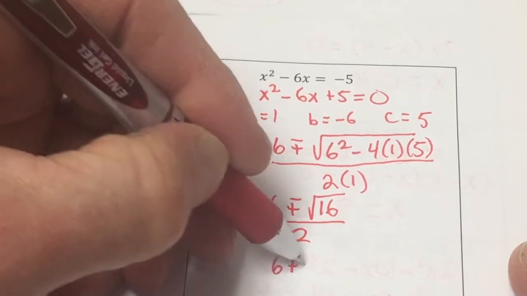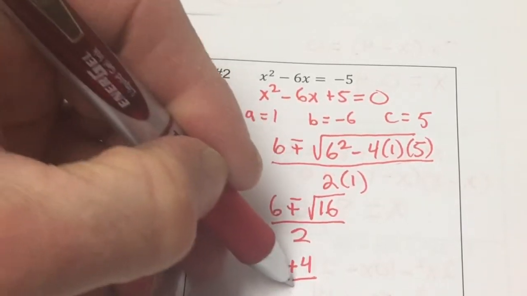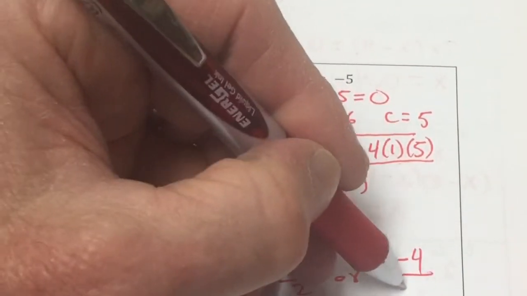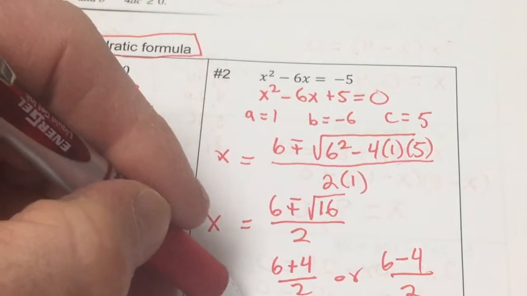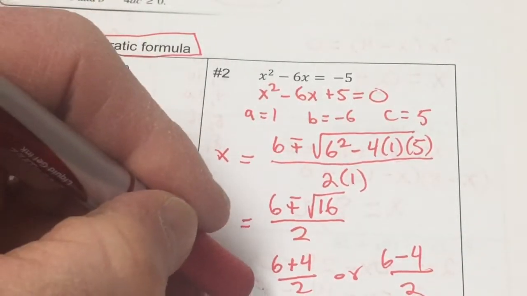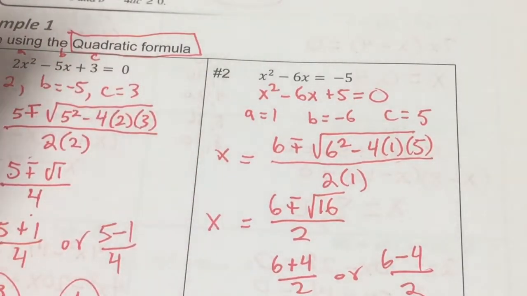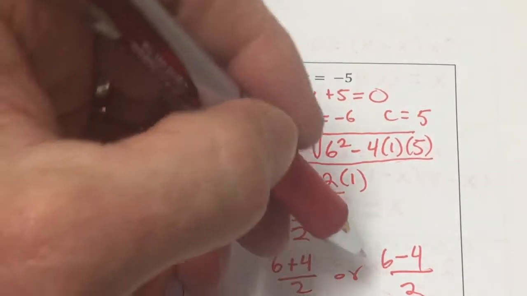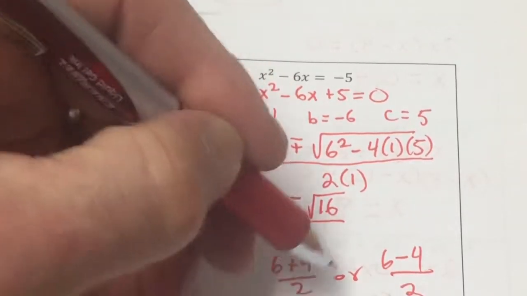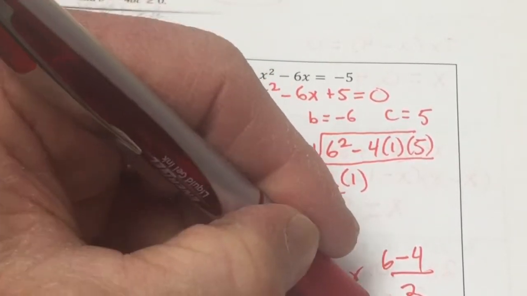So we're going to have 6 plus 4 over 2, or 6 minus 4 over 2. Okay, 6 plus 4 is 10. Divide that by 2, you get 5. And 6 minus 4 is 2. And 2 divided by 2 is 1.